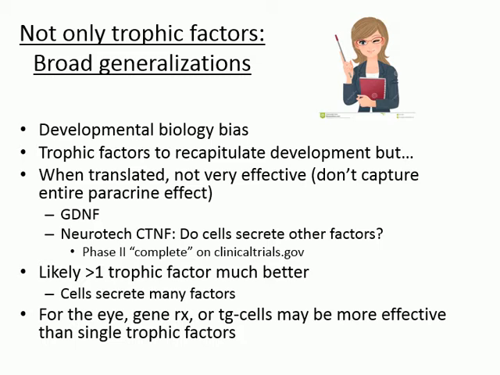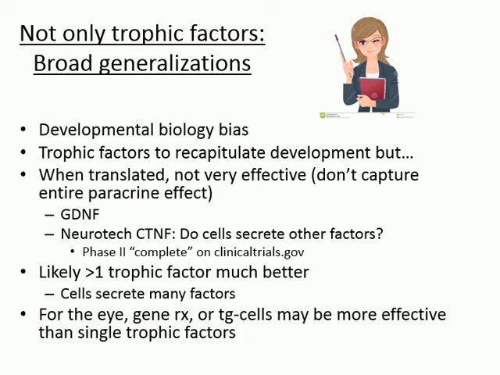And interestingly, the Neurotech CNTF trial, which has been listed as complete in phase 2 on clinicaltrials.gov, is being delivered by a cell. So the cells have been manipulated to overexpress the growth factor, but perhaps they are secreting other factors, so you're not really given a single trophic factor here.